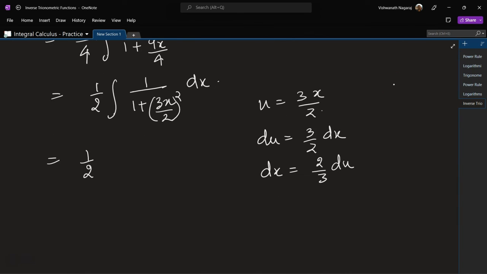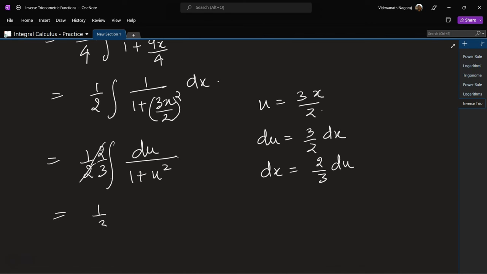So 1 by 2 integral of 2 by 3 du. So du and 2 by 3 we can take it out. So 2 cancels. Du by 1 plus u square.